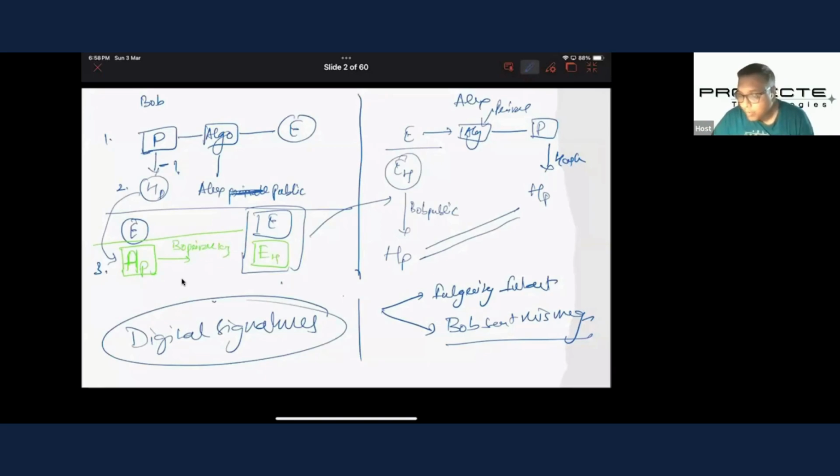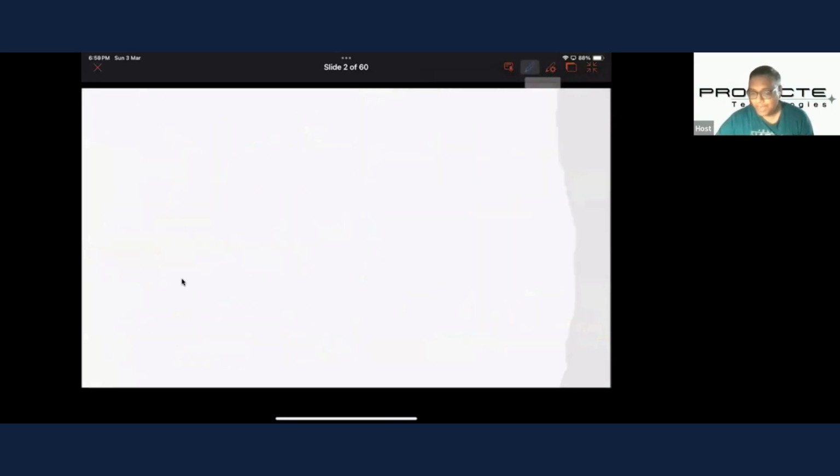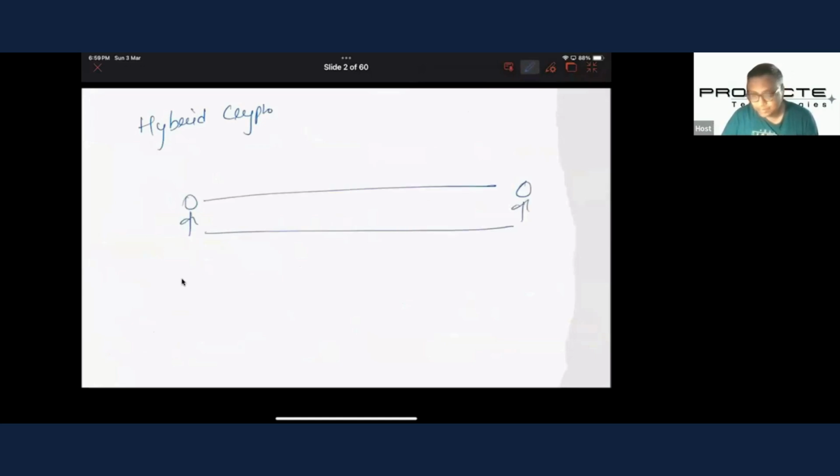Now, since asymmetric key cryptography is slower and symmetric key cryptography is faster, I use something called hybrid cryptography. What do I do? Two unknown people want to communicate on the net. I establish a secure tunnel using asymmetric key cryptography. Then I pass the symmetric key inside this session.